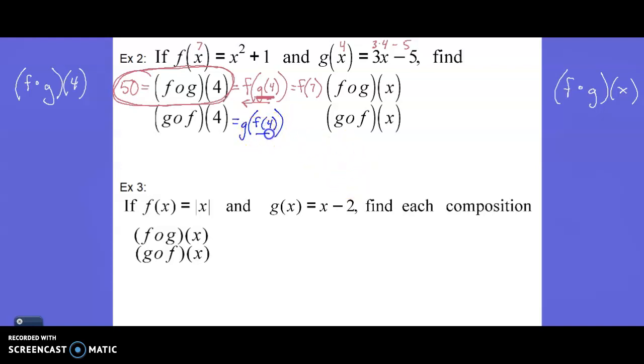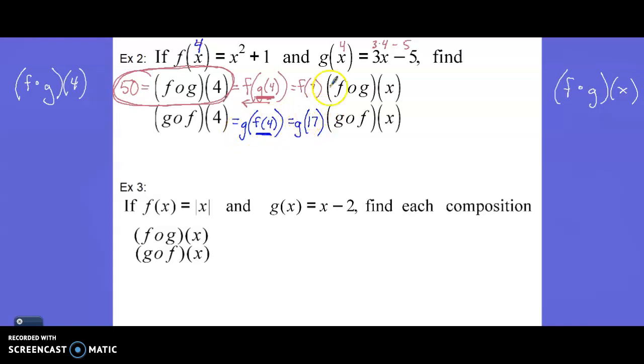So if you do inside the parentheses first, you go to the f function and you plug 4 into that. Well, 4 squared is 16 plus 1 is 17. So I get to replace f with 17, and that g is still there.